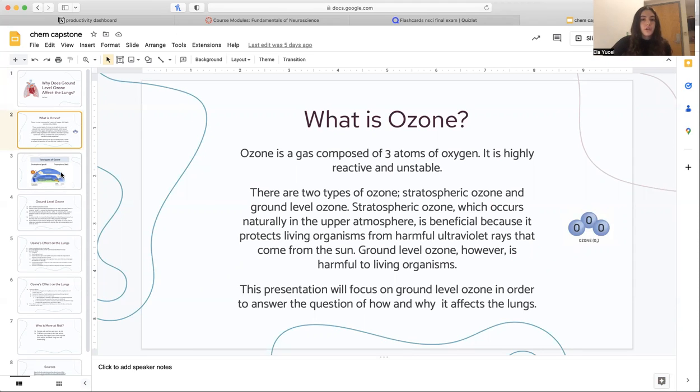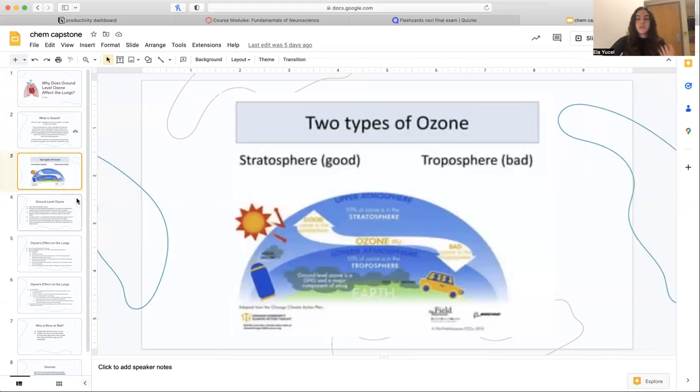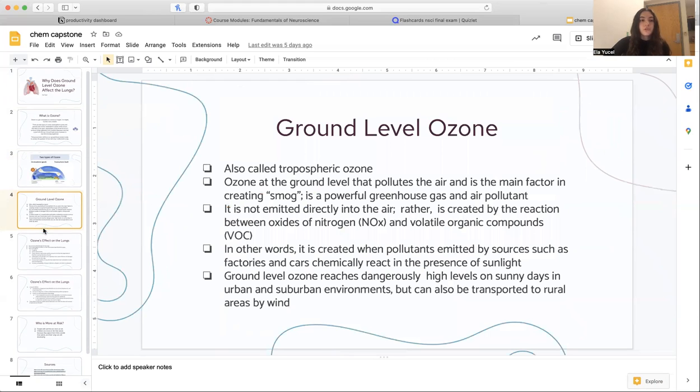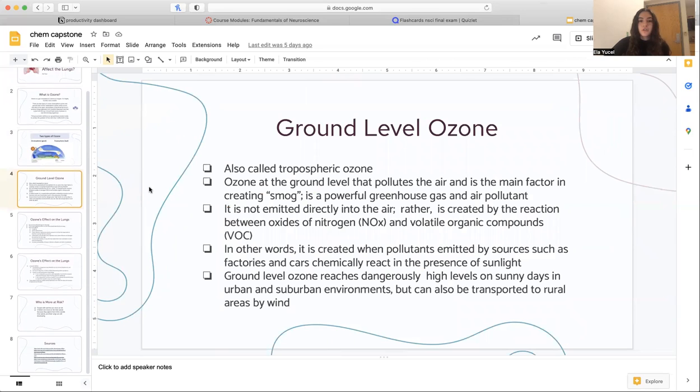Okay, so moving on to the two types of ozone. This is just a visual. There's stratospheric ozone and then tropospheric ozone, which is synonymous with ground level ozone. As I said, it's also called tropospheric ozone because it's in that level of the atmosphere.